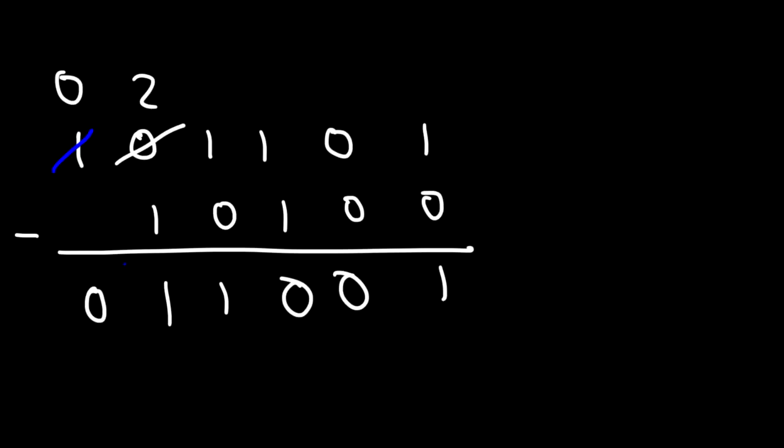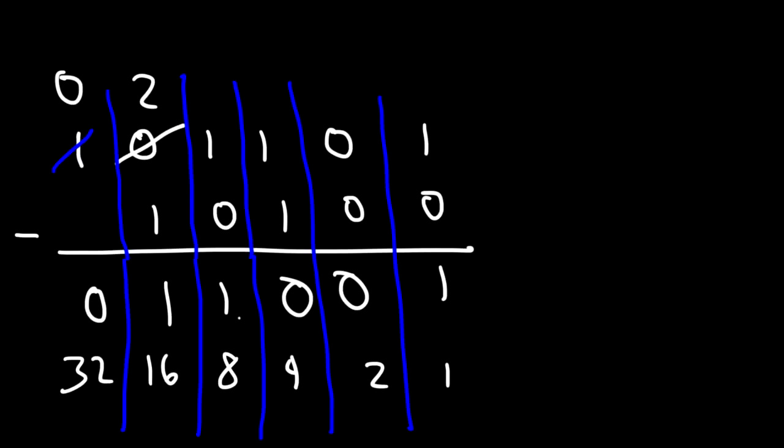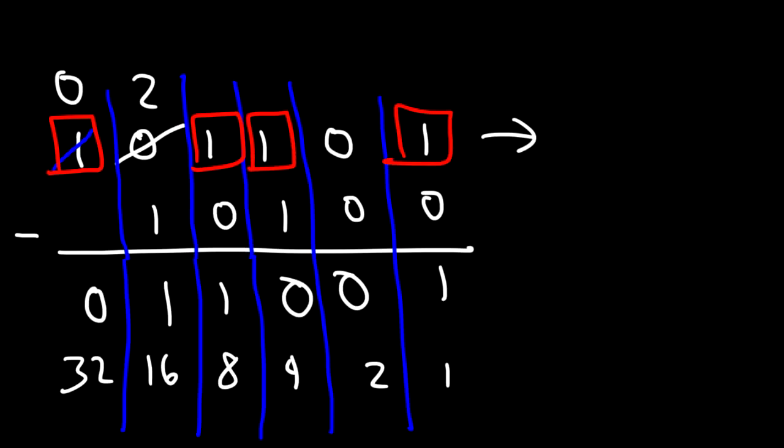Now let's separate these values into columns. Now let's confirm our answer. So this is going to be 1, 2, 4, 8, 16, 32. So here we have 32 plus 8, that's 40, plus 4, that's 44, plus 1.